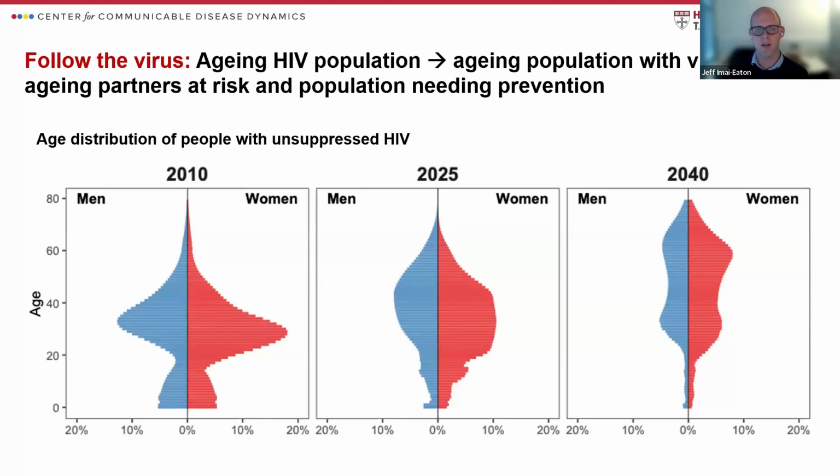And so we need to be thinking about how to adapt and extend our HIV prevention strategies to this increasing age range of people who are potentially at risk of HIV infection as viremia ages in the future. Next slide, please.